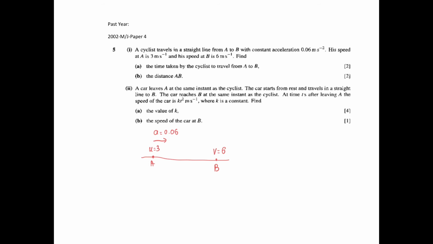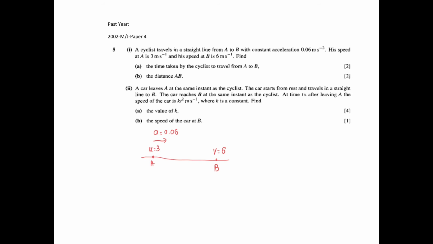Let's look at part a. Find the time taken by the cyclist to travel from A to B. Looking at the information available, we have a, u, v, and we need to find t. So no s involved. The question never asks for s, and the information never gives s.